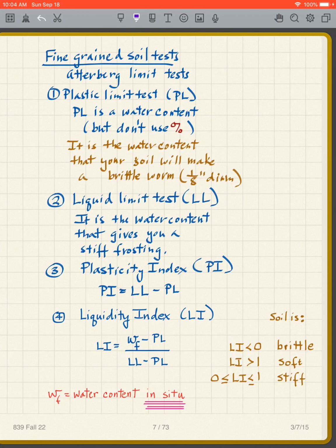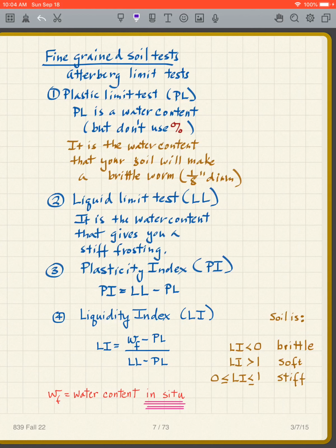So what would the numerical value be? Well, if this is the plastic limit, then this is 0. So if our liquidity index is 0 or less than 0, what do we see? Our soil at our site is sort of brittle. It's cracking. It's in a cracking type state.